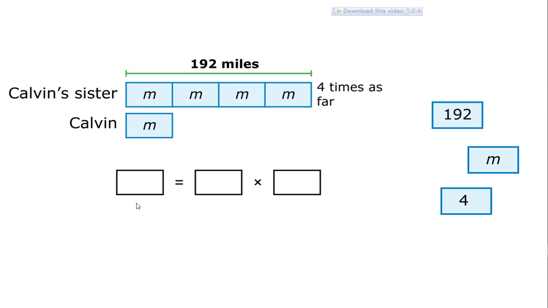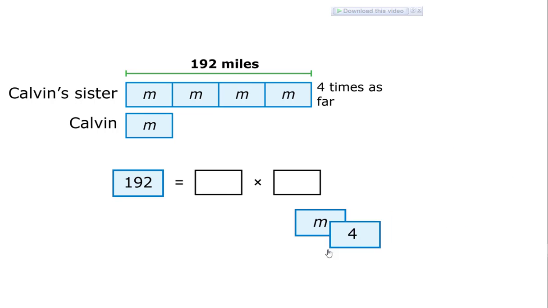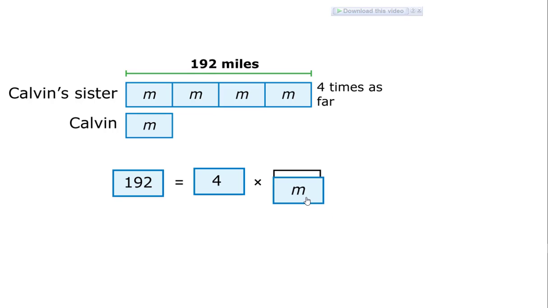192. Yes. Okay. And here we will put 4 and m, right? Yes, because this is multiplication. We can put 4 first or m first. It's okay. So 192 equals 4 multiplied by m.